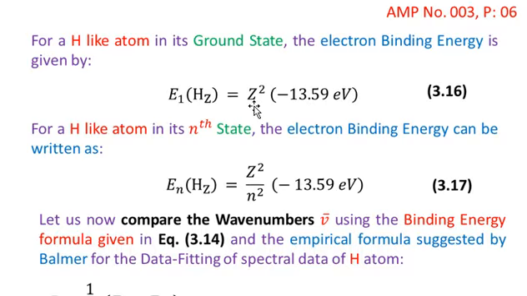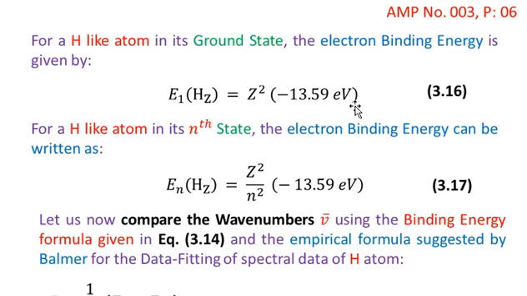Here I am using H with a subscript Z, which means that this is a hydrogen-like atom with atomic number Z. If you put Z equal to 1, then of course it becomes a hydrogen atom, and if you use other values of Z, then it is the case of a hydrogen-like atom.